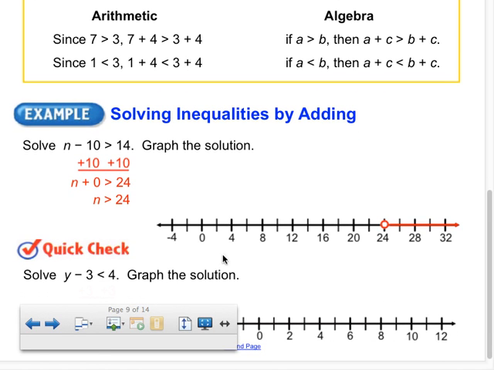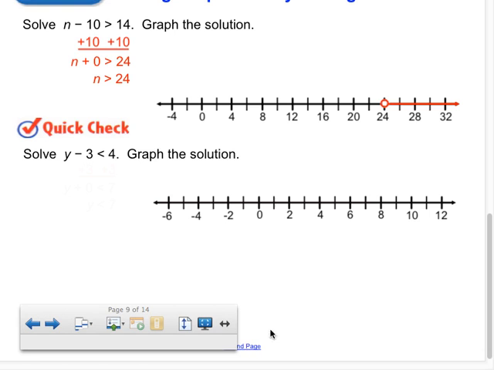Okay, now that you've seen one worked out for you, I want you guys to try this one on your own. And graph it.